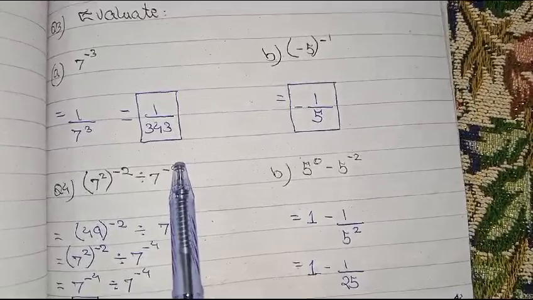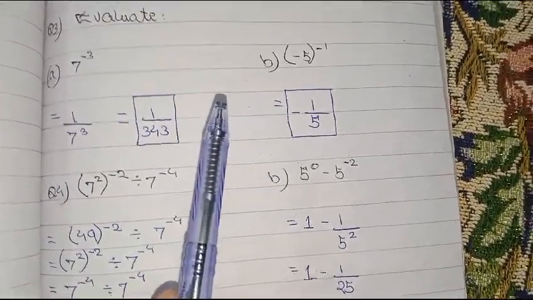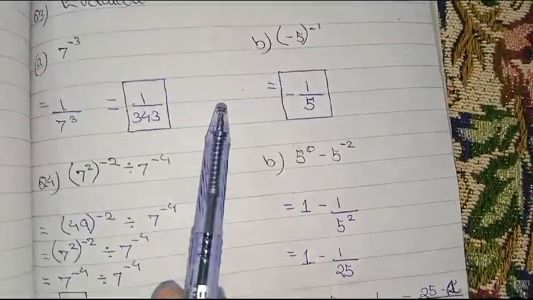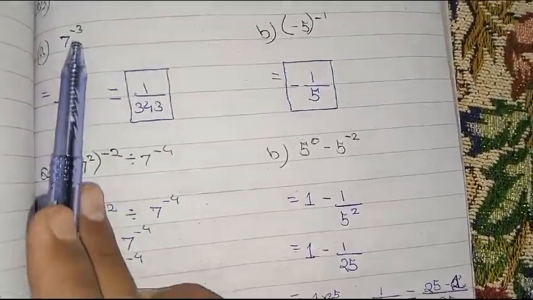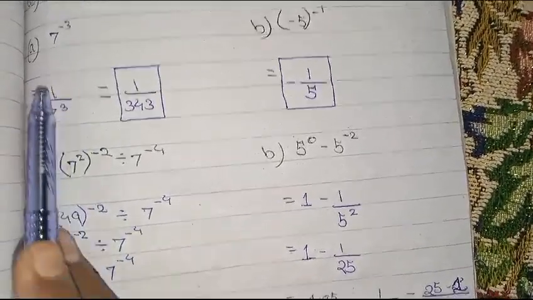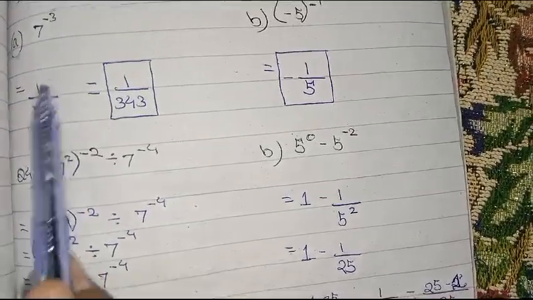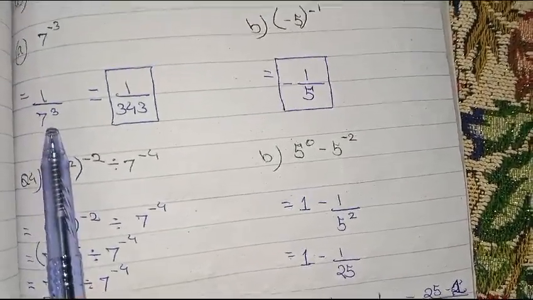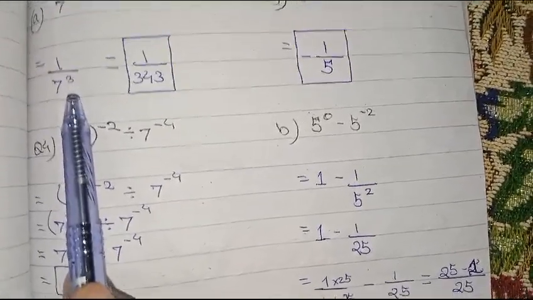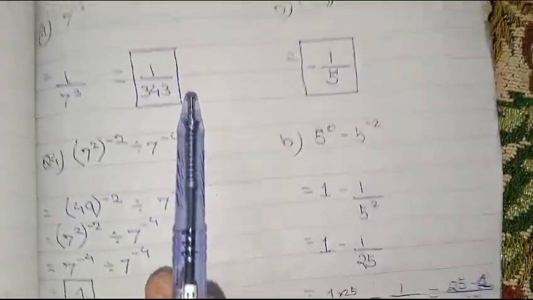Remember that whenever the sign is in negative form, we have to change it into positive. So 1 upon 7 cube, because when it becomes a fraction, the power automatically changes sign. So 1 upon 7 cube is equal to 1 upon 343.